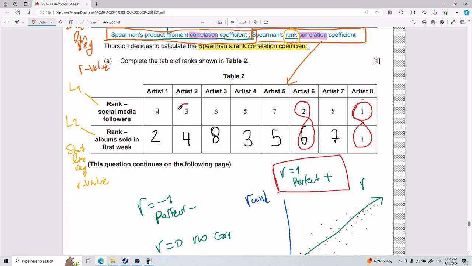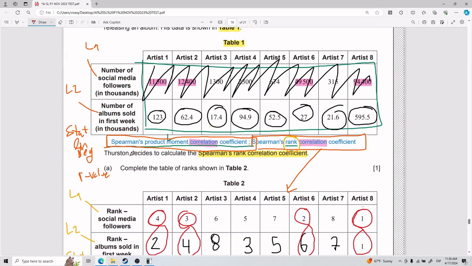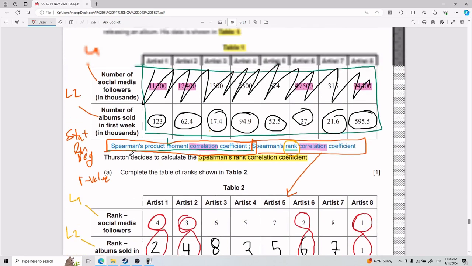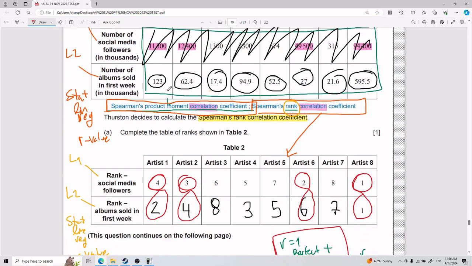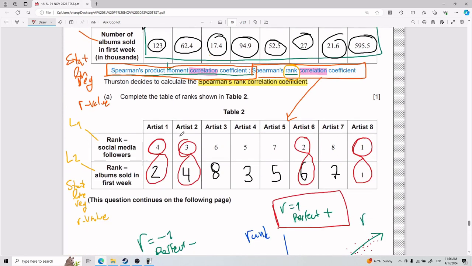For example, this third guy ranked 4 in selling, and this fourth guy ranked second in selling. So something fishy is going on here. Maybe Thurston isn't completely right. He's investigating, but his belief that the more popular the music artist is, the more albums sold, maybe it's not necessarily true. And this is just by looking at the data, looking at the rankings.